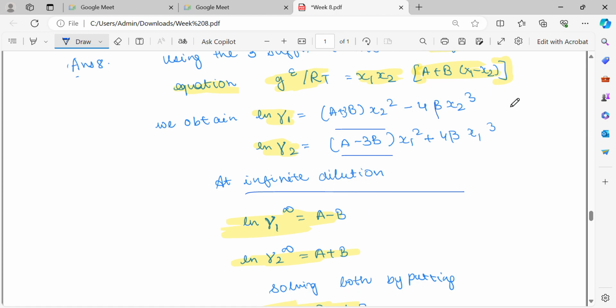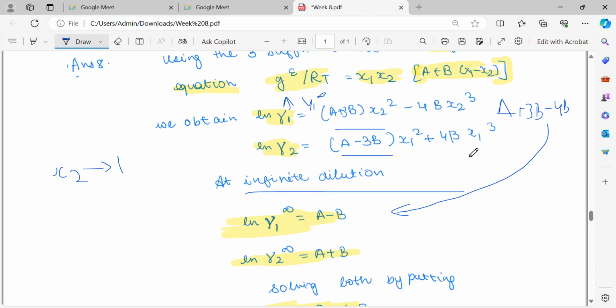Did you get how much you get? So this is b. If I put infinite dilution, x2 tends to 1, so putting a plus 3b minus 4b gives approximately a minus b. Gamma 1 is infinity since we have been given that value.